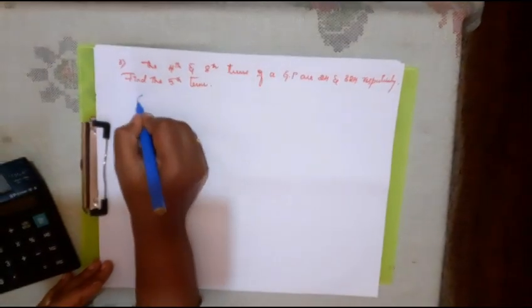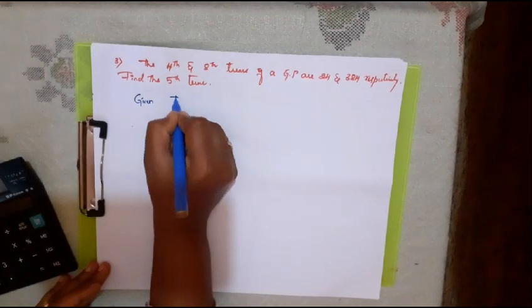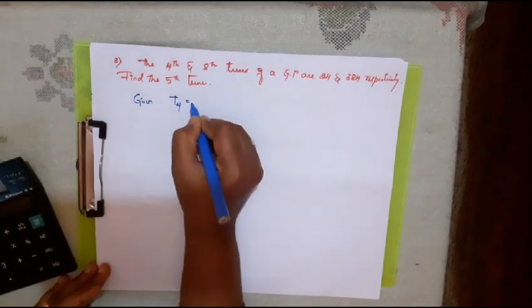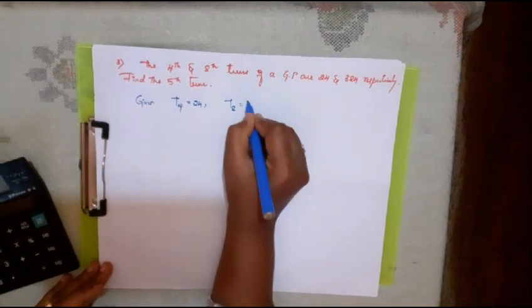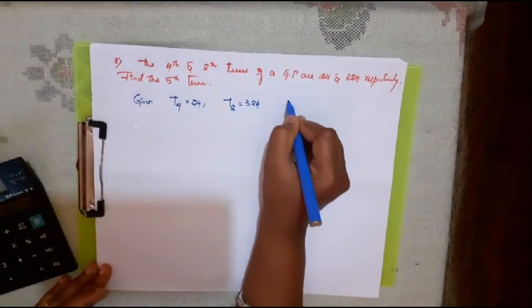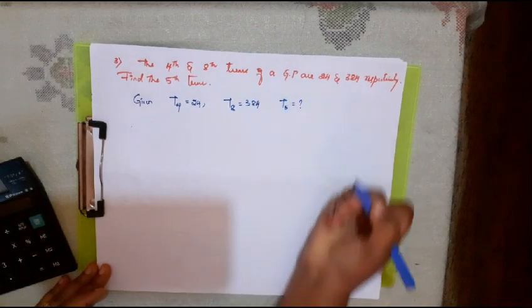Find the 5th term of a geometric progression whose 4th and 8th terms are 24 and 384 respectively. So here they have given information about T4 and T8. Given T4 is equal to 24, T8 is 384, and they are asking us to find T5.